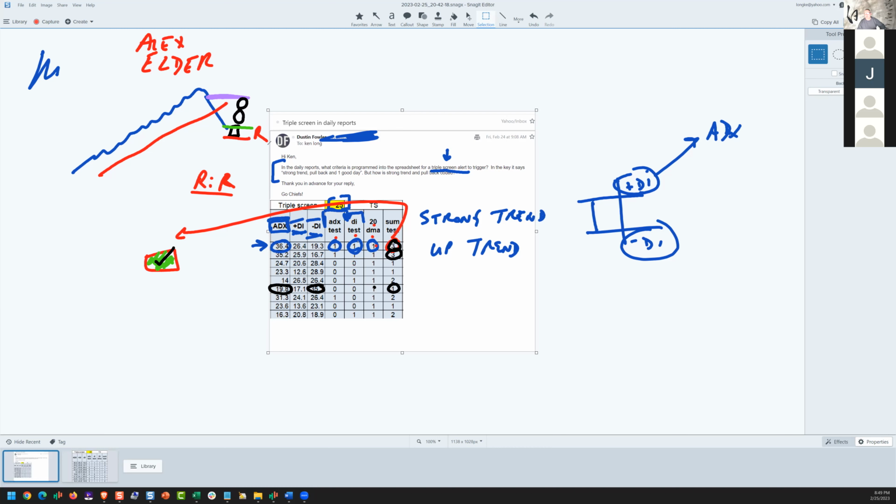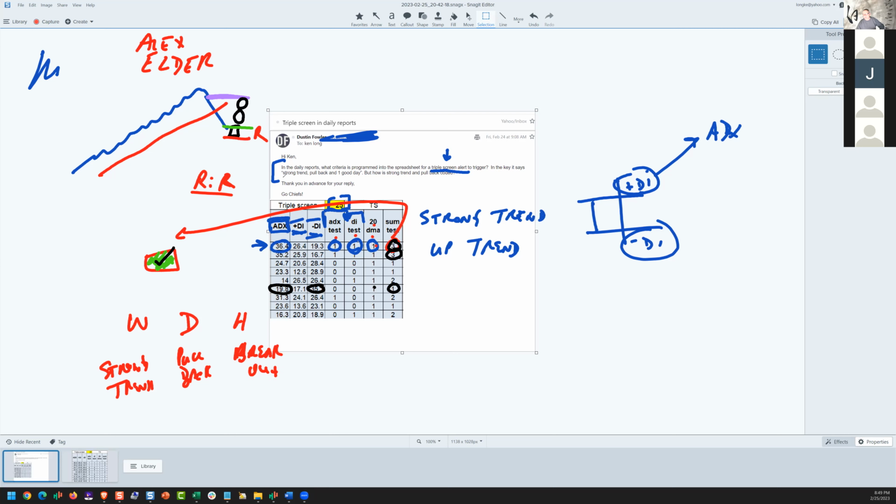It's my variation of the system because in the triple screen, the way he wrote it, if you were doing it on a weekly, daily, and hourly, you would look for a strong trend on the weekly. You would look for a pullback on the daily, and then you would look for a breakout on the hourly charts.